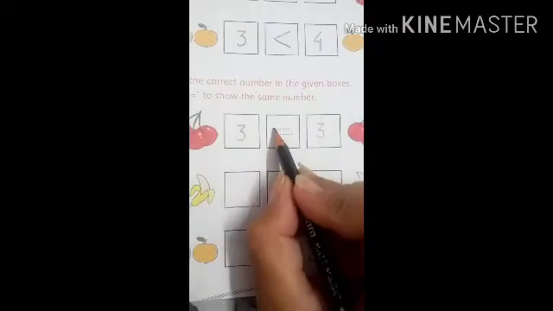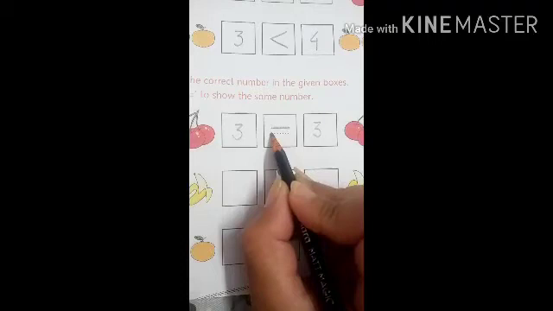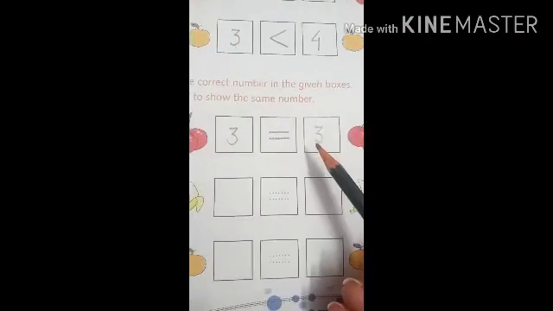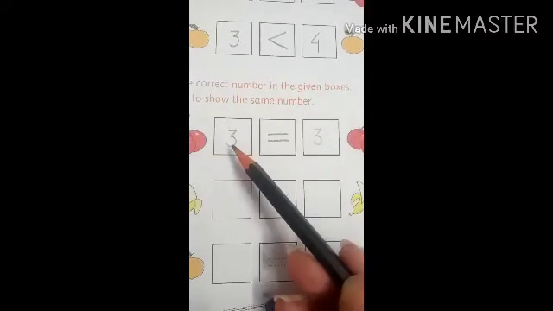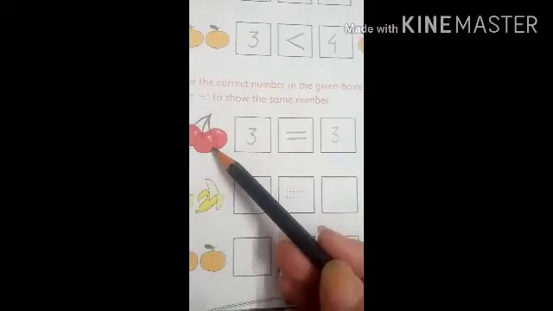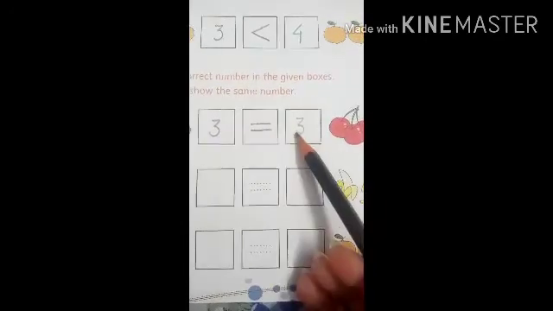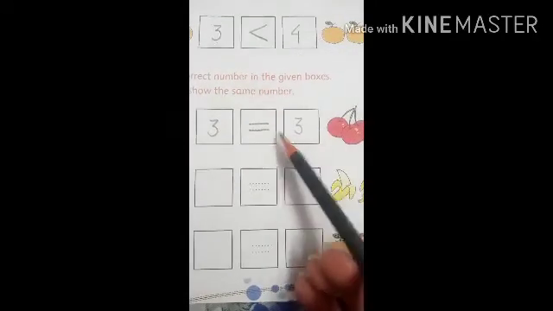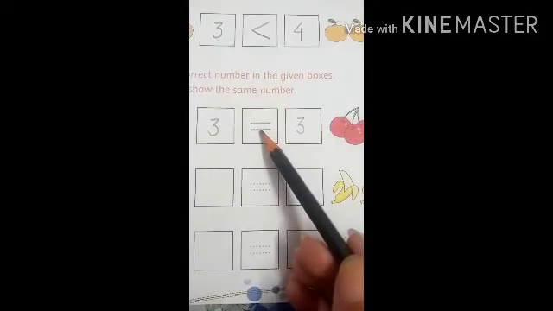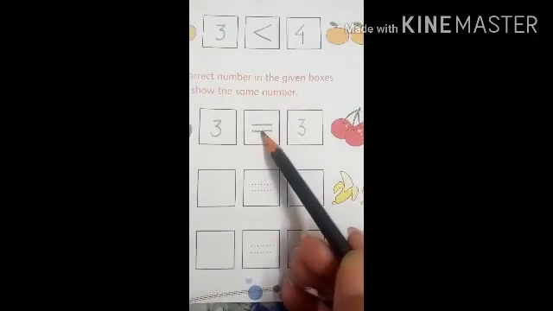So this is the sign of equals to. When both numbers are equal, equal means the same number. Here are 3 cherries and here are 3 cherries. So both side numbers are the same. There we put the equals to sign.